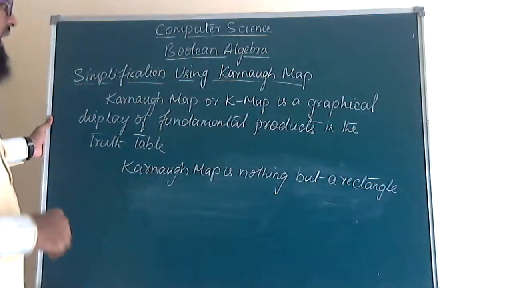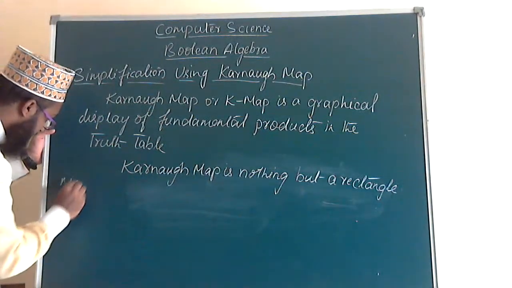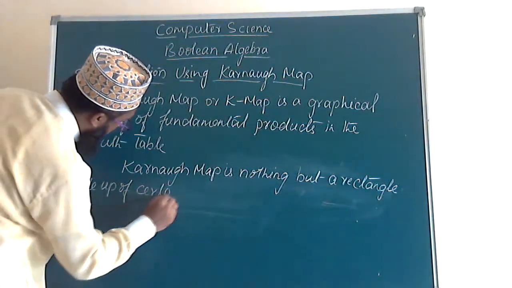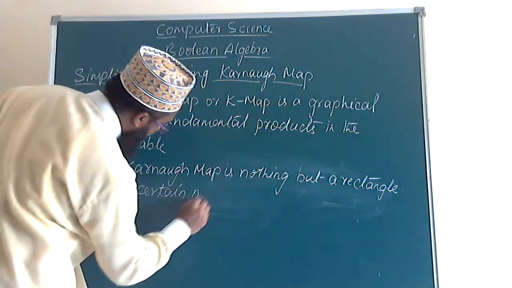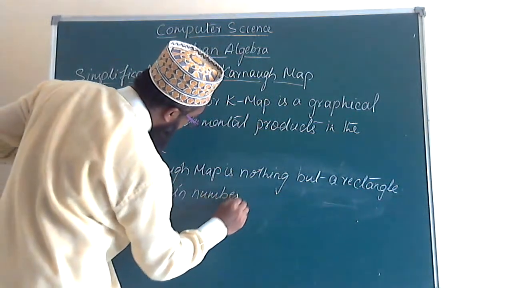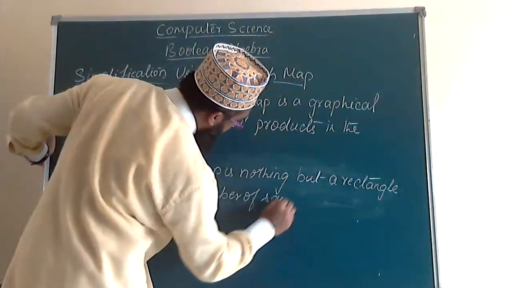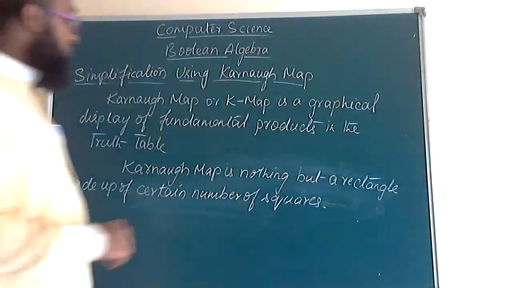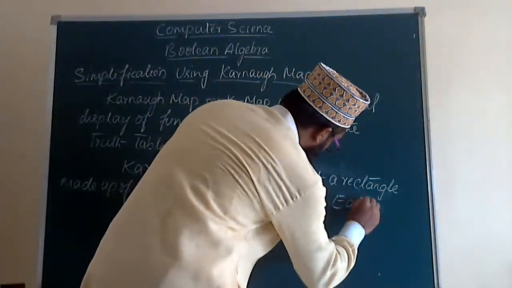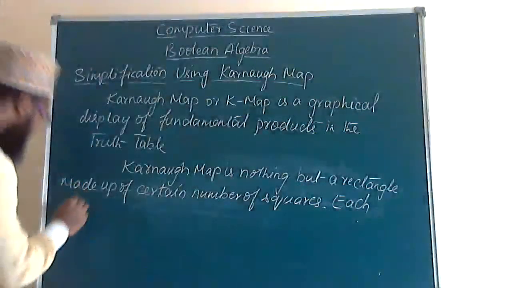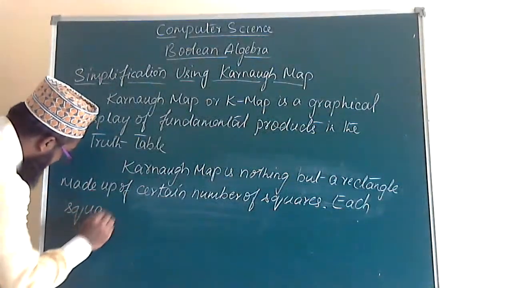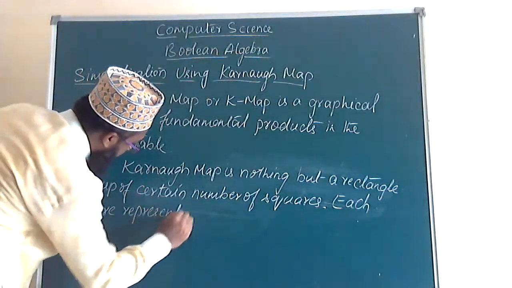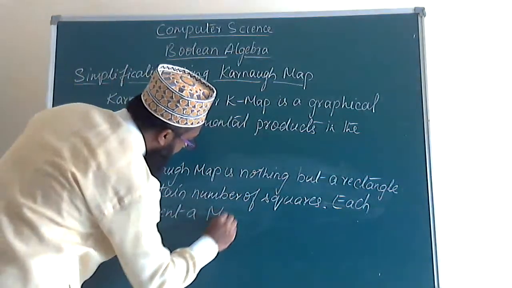It is a rectangle which is made up of a certain number of squares, and each square represents a min term or the max term.